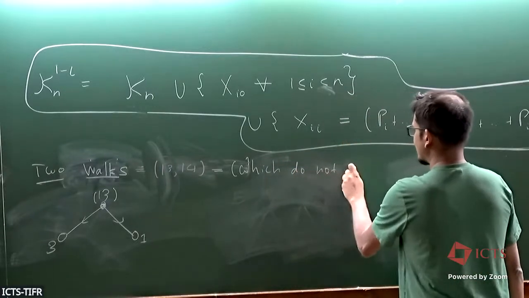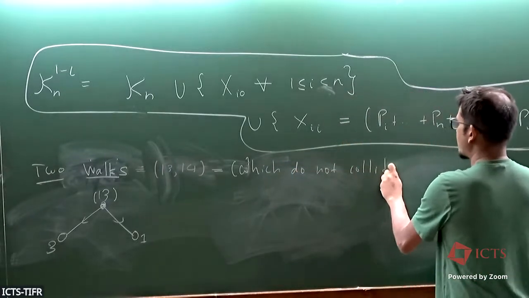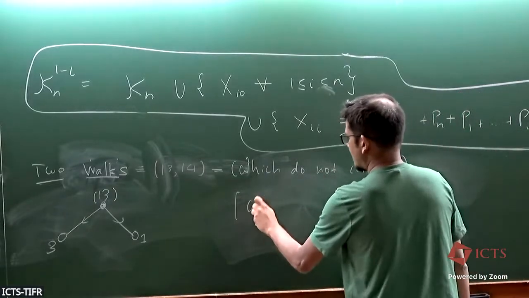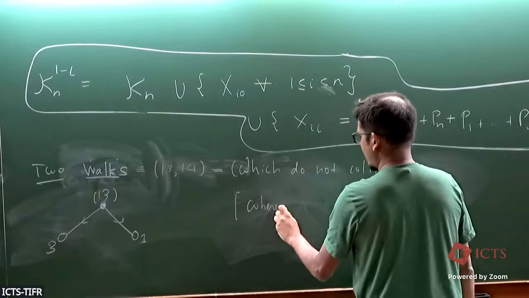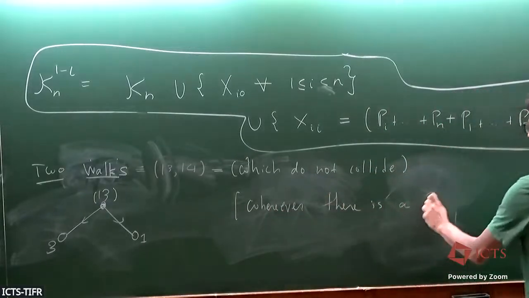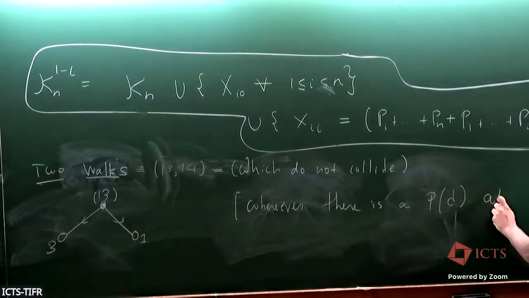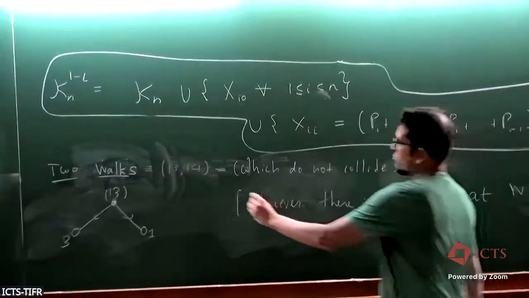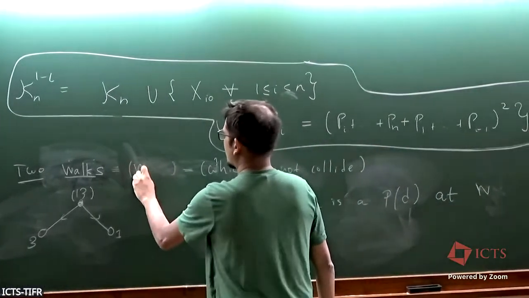In the sense that wherever there is a peak for one path, the other one does not have a dip. Let me be more abstract. Let's say that we call any 2 walks, W1, W2, non-colliding.